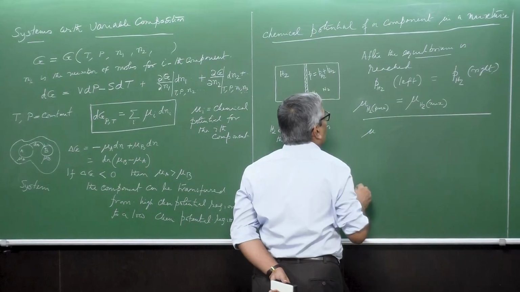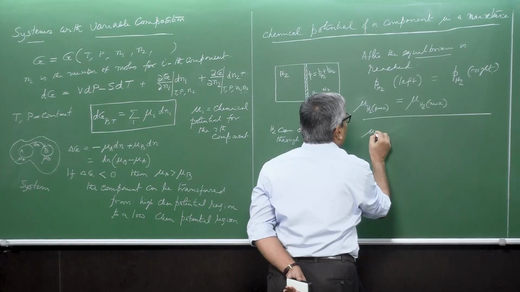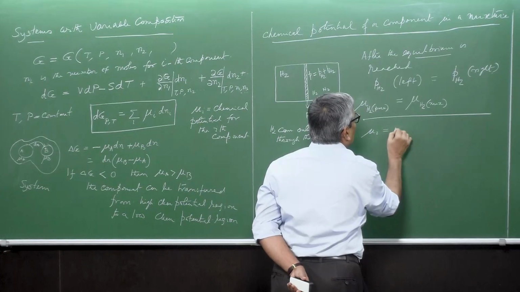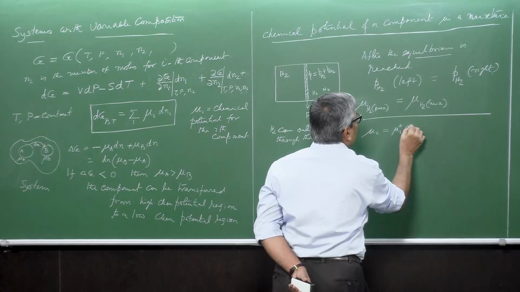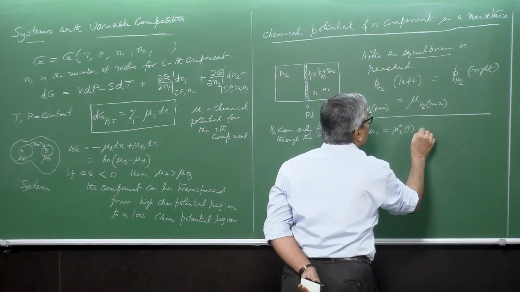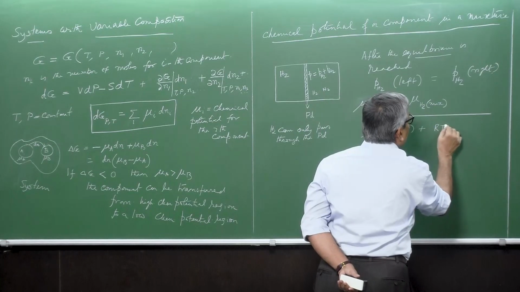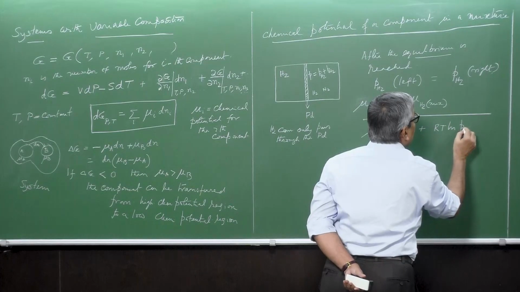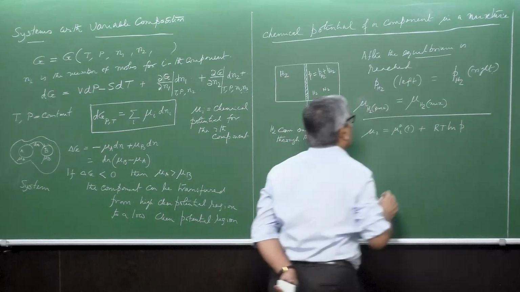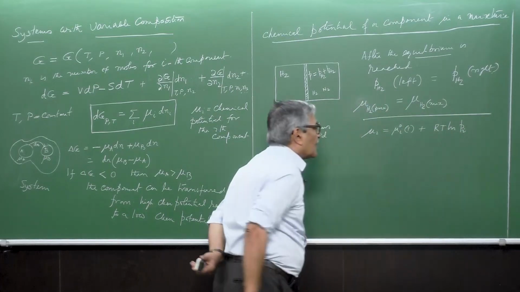Then we know that the chemical potential of any substance, that is any ith component, is equal to mu i 0 at a specific temperature plus RT ln P, where P is the pressure for the ith component.